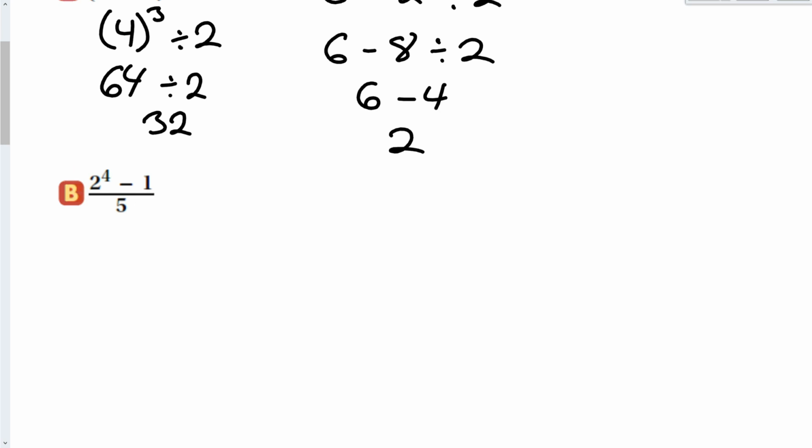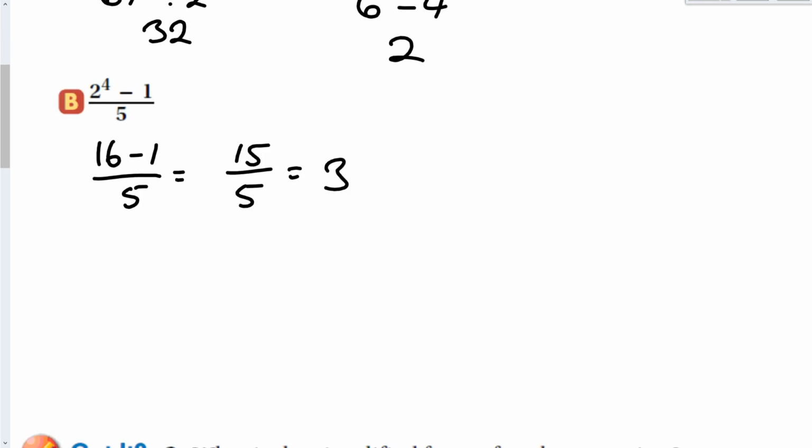So 2 to the 4th power becomes 16 minus 1 over 5, which is 15 over 5, and over means division, so this turns into 3. That's very important because we want to simplify the numerator or the denominator first and then combine the expression. Because if it's 2 terms on the top or 2 terms on the bottom, we're not going to be able to simplify it as we want to.